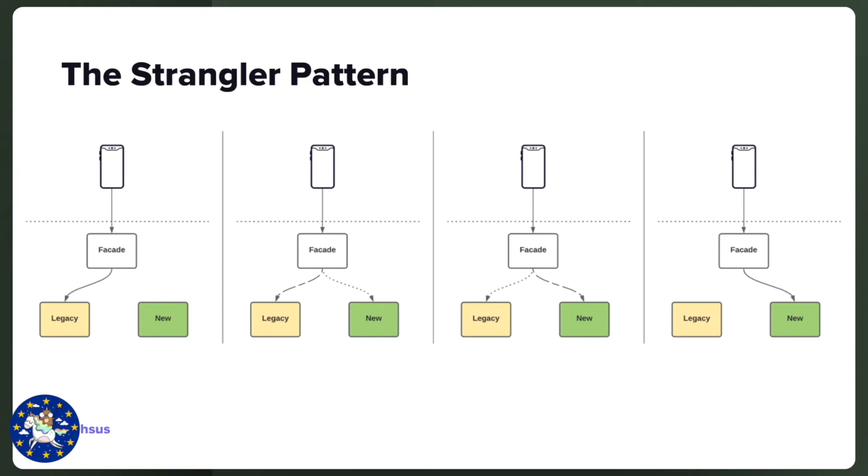And once we see that the new backend is behaving as expected, we can gradually start shifting more and more traffic to this new system and eventually cut over to this new system and deprecate the legacy system, which we see in the last figure here.